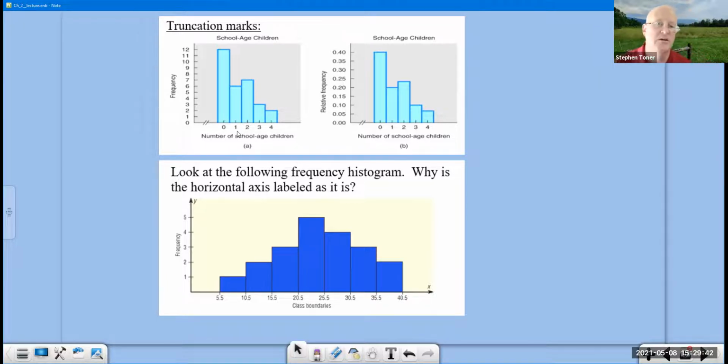And since you don't have the ability to draw a vertical axis, a y-axis, right through this 0, we put little truncation marks to say, hey, we've taken a snippet, we've taken some scissors to that x-axis, and we've kind of messed with the scaling a little bit. And so that's what's happening here.